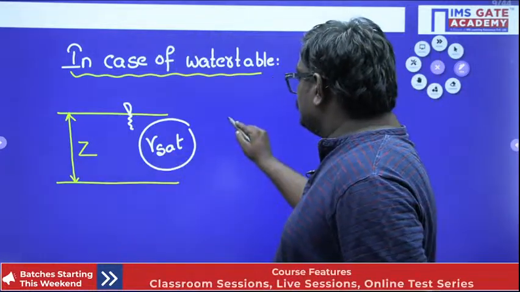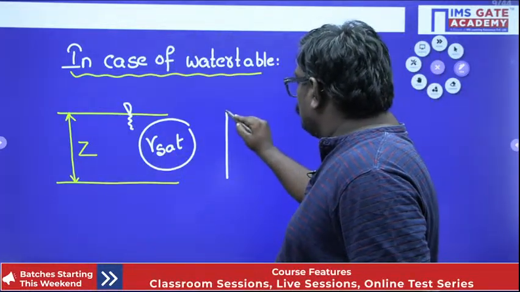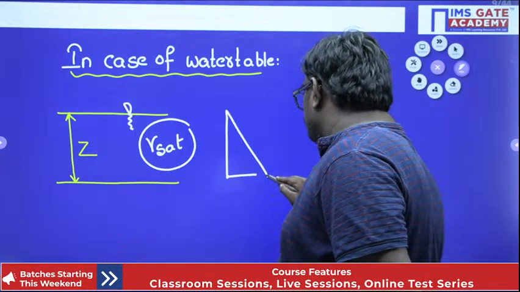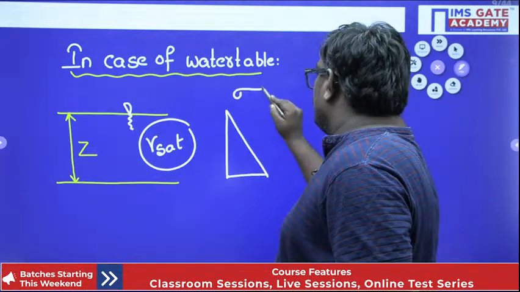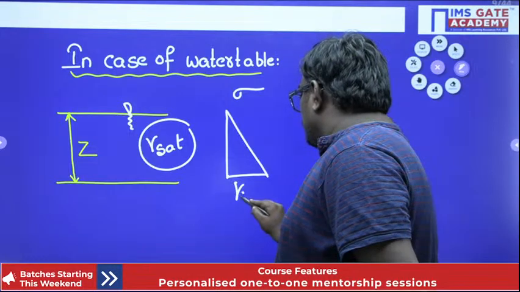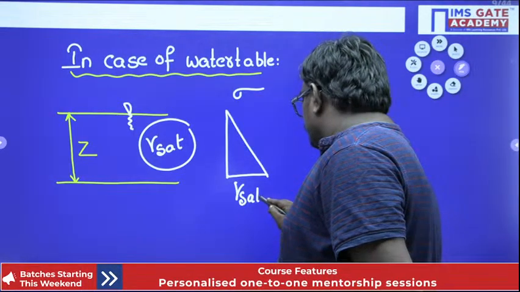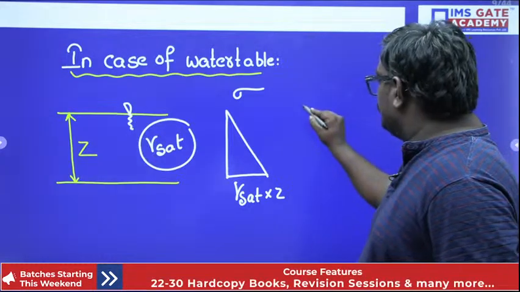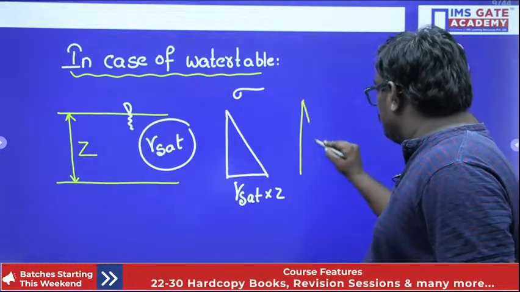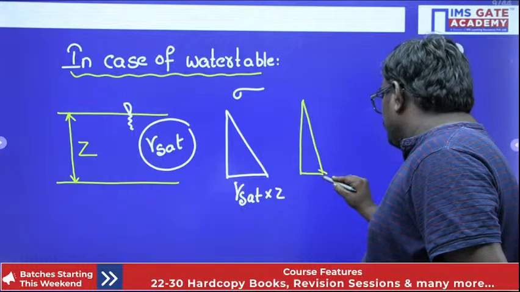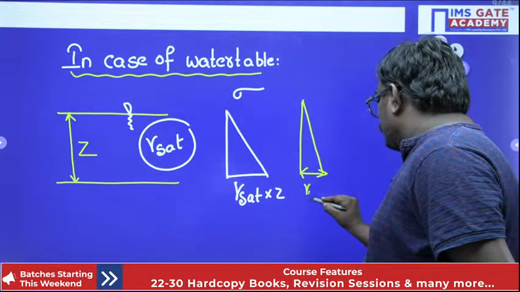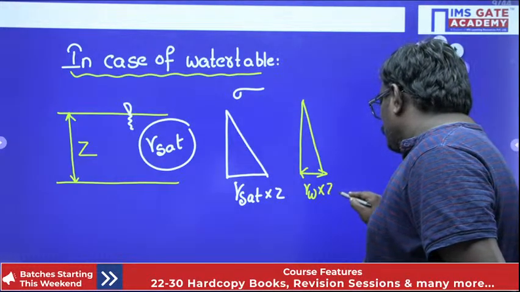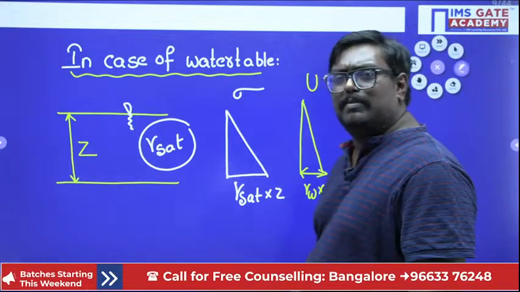So if you see the total stress distribution diagram, sigma is equal to gamma sat into Z. And the pore water pressure will be equal to gamma W into Z. How do you know pore water pressure is gamma W into Z?